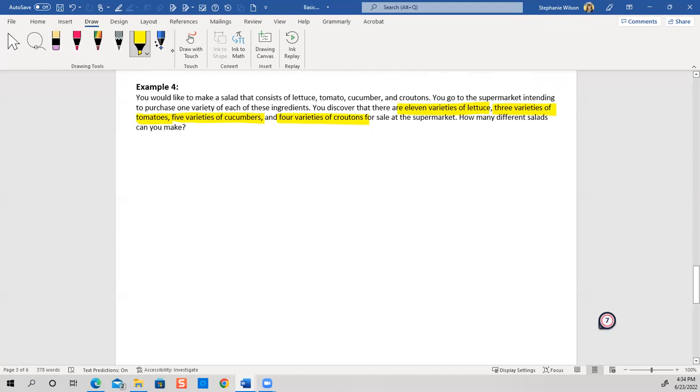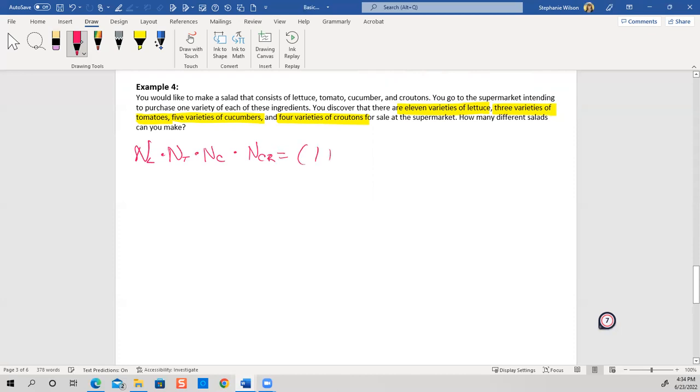All right, so we got quite a bit going on. How we can solve for this is we can call it N_L for the lettuce, N_T for the tomatoes, N_C for cucumbers, N_CR for croutons, or even just call it 1, 2, 3, 4.